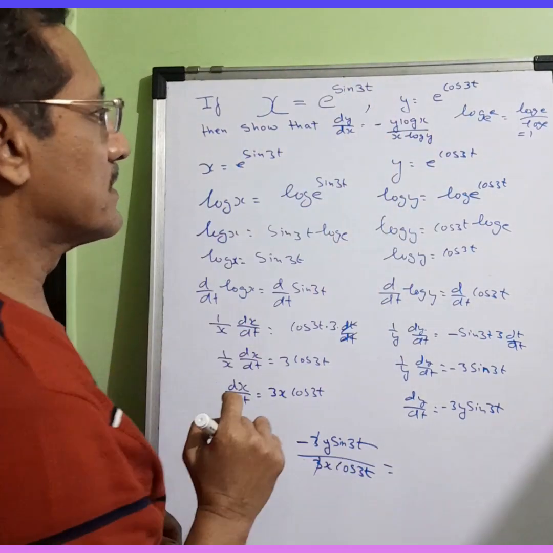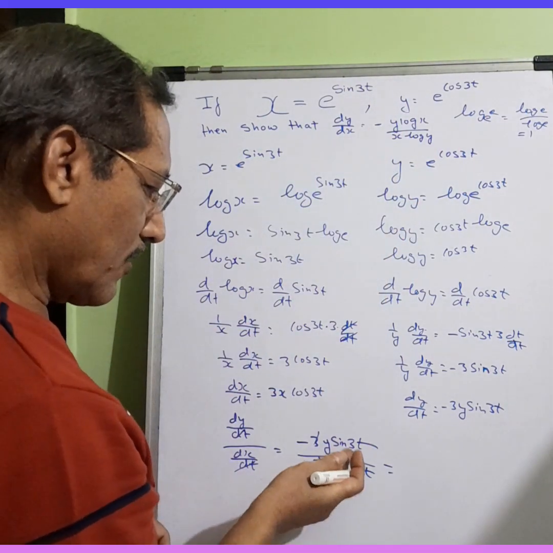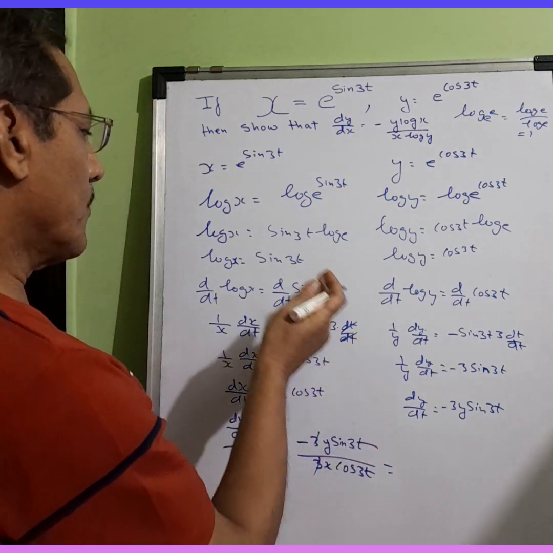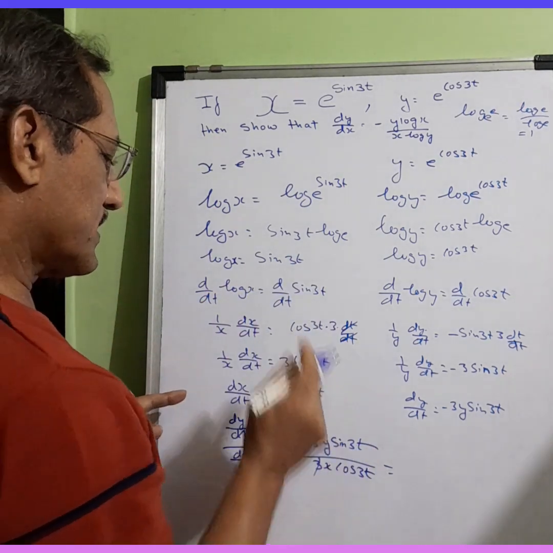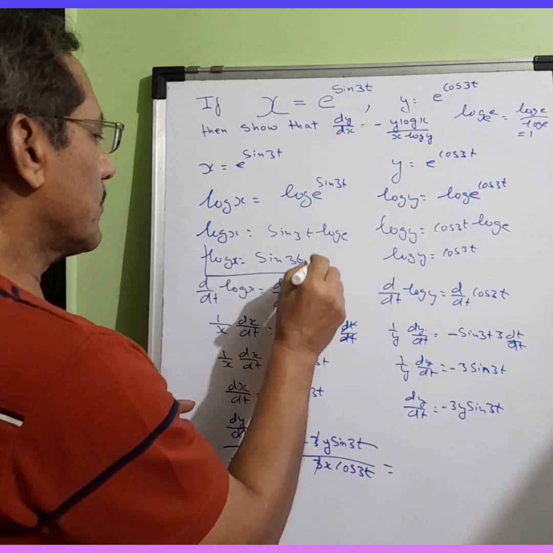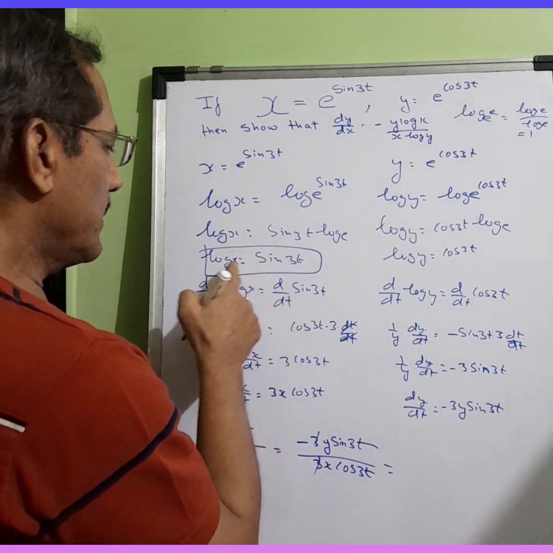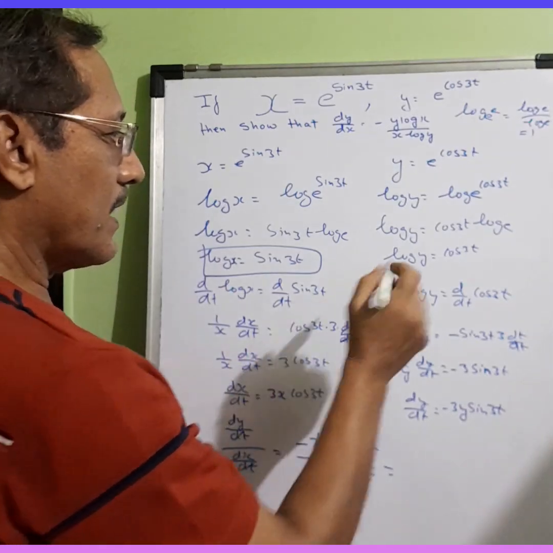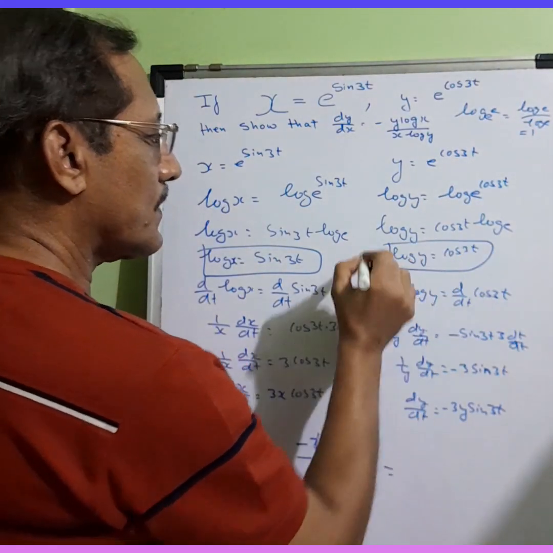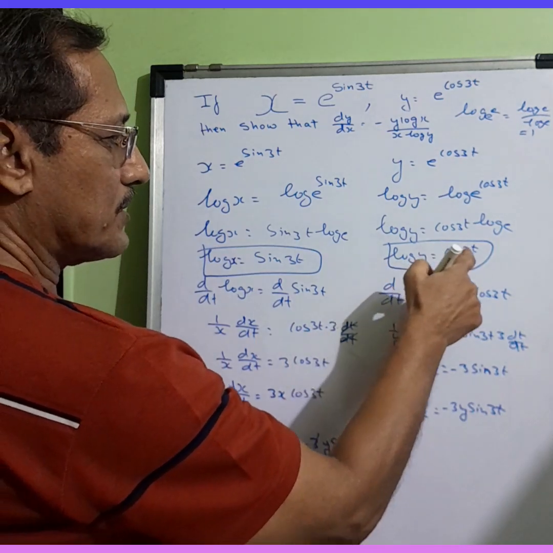But we have got this log, and we don't find log over here. So what do we do? We go back here. Now we find that sine 3t is equal to log x, and cos 3t is log y.